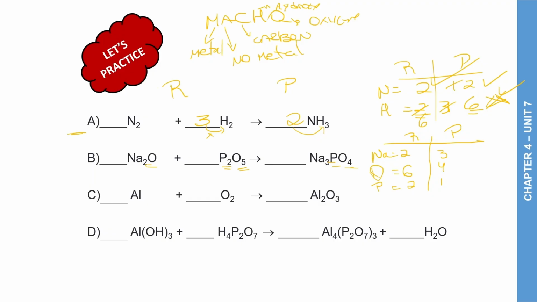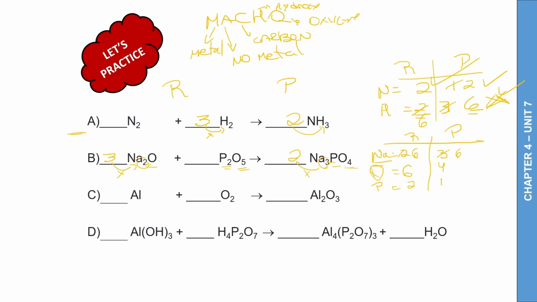So I always start with the metal, sodium. So I have a 3 over here and 2 over here. So what I'm going to do is I'm going to put this 2 over there and this 3 I'm going to put over here. So it'll be 3 times 2, 2 times 3. So I know this is 6 and this is 6. Good. Now it's fixed.